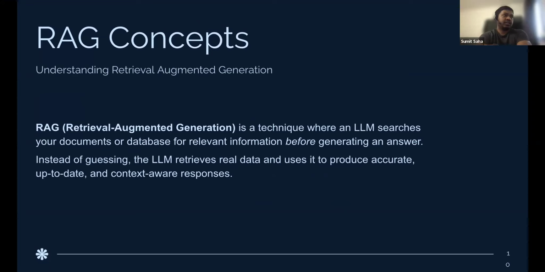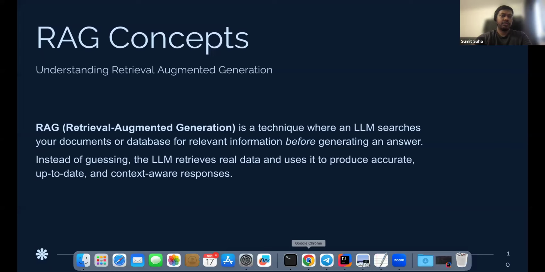RAG, retrieval augmented generation, is a technique where the LLM searches your documents or database for relevant information before generating an answer. Instead of guessing, the LLM retrieves the real data and uses it to produce up-to-date and context-aware responses.